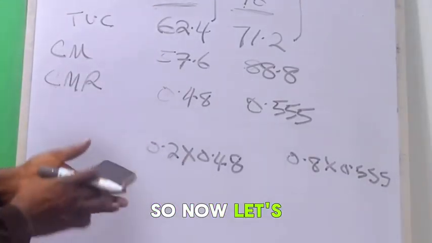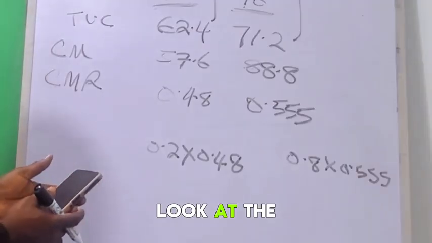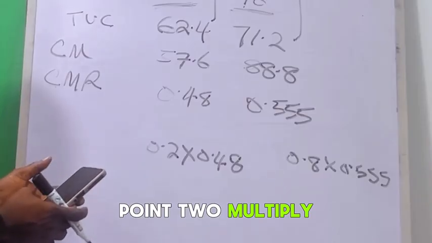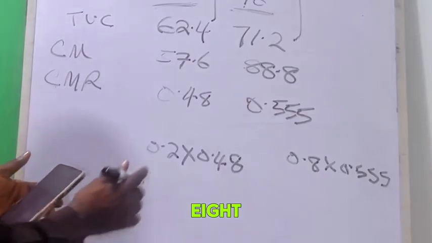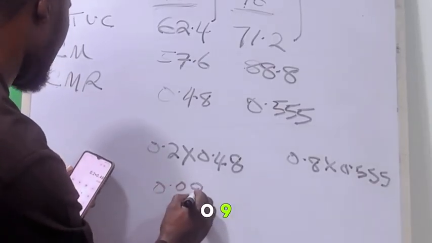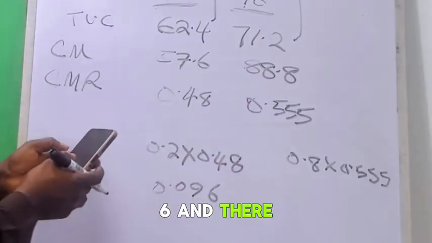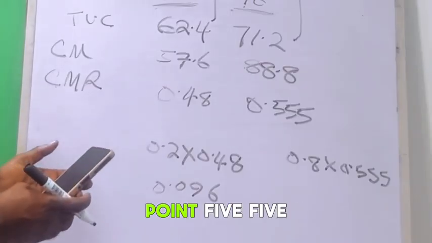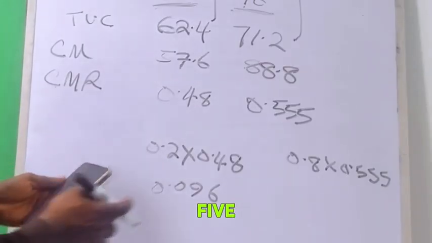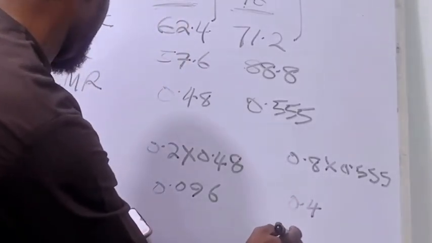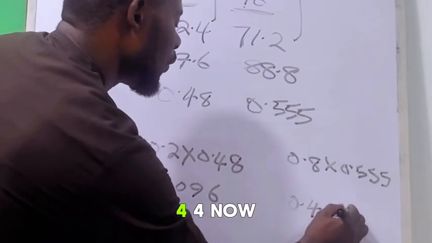Now let's look at the answer. Here we have 0.2 multiplied by 0.48. So here we have 0.096. And there also what we have? We have 0.8 multiplied by 0.555, which will give us 0.444.